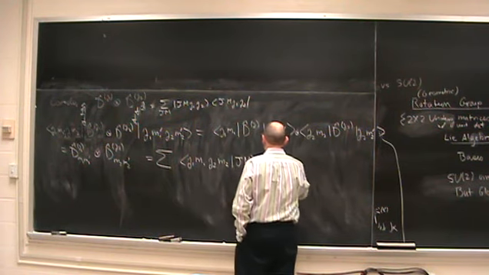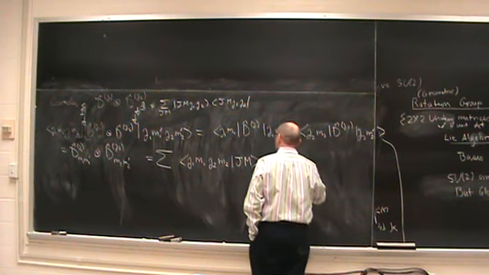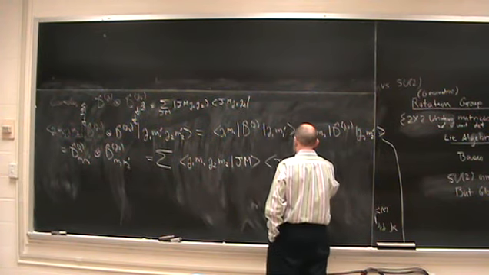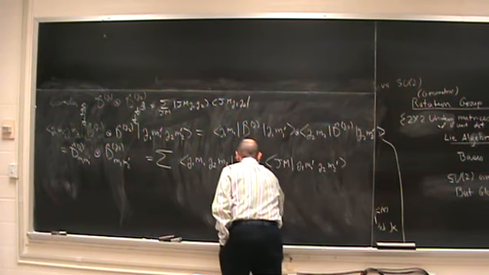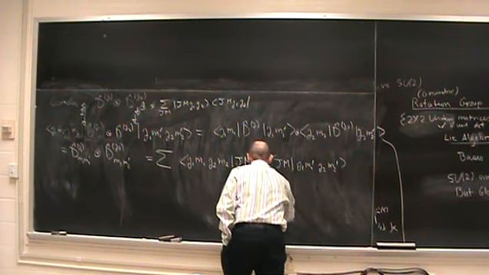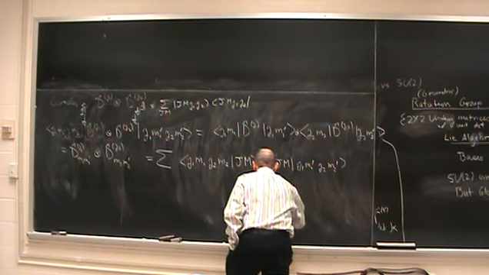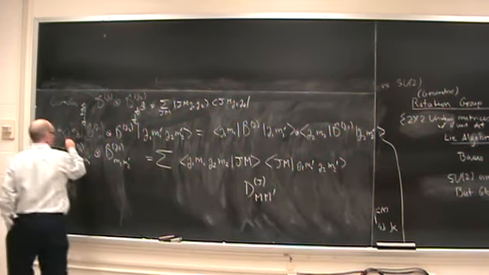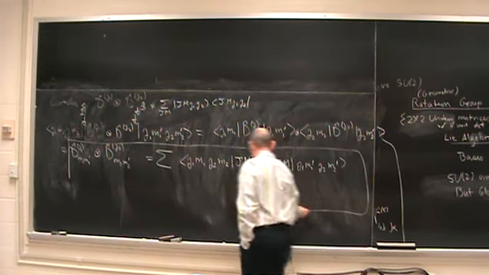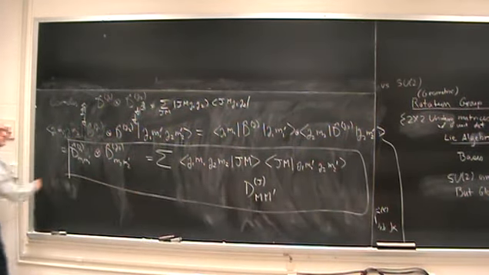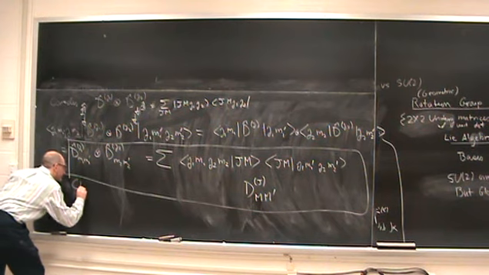I have the Clebsch-Gordan coefficient JM with J1, M1 prime, J2, M2 prime, D, J, M. This is known as the Clebsch-Gordan series.